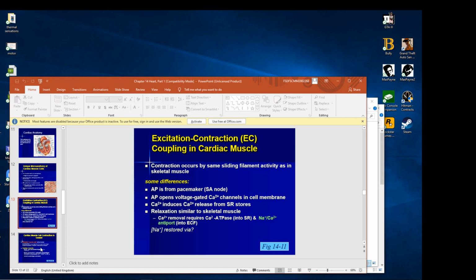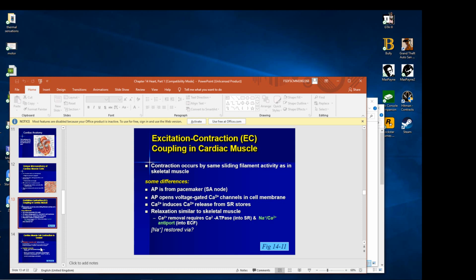The action potential over here actually arises from the pacemaker cells. Now the pacemaker cells, where are they? They are at different nodes like the SA node, the sinoatrial node. Then the action potential opens voltage gated calcium channels in the cell membrane.